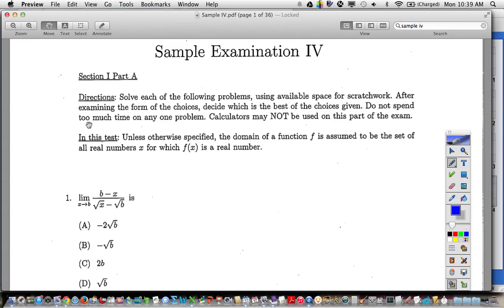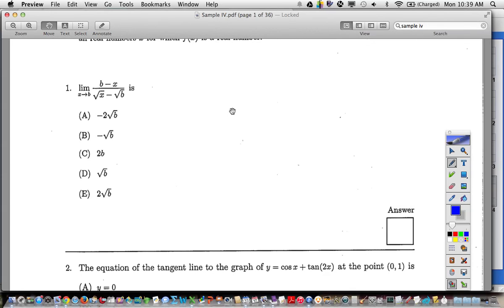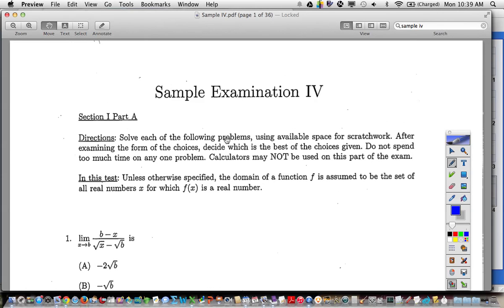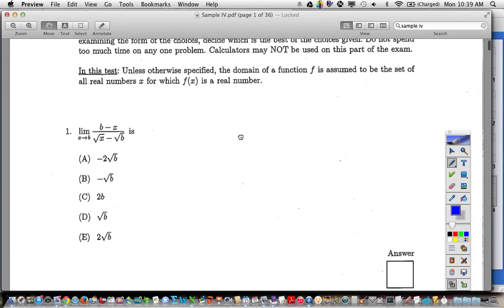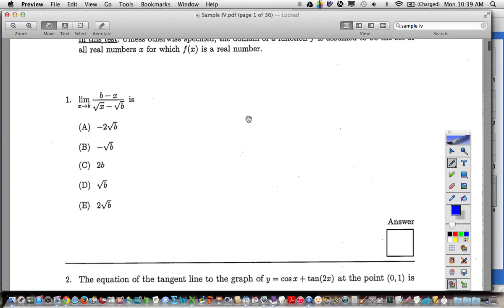You can write this down or not, I don't care at this point. I just want to show you a few examples. So here's a multiple choice, no calculator, and this is one of our sample practice tests.